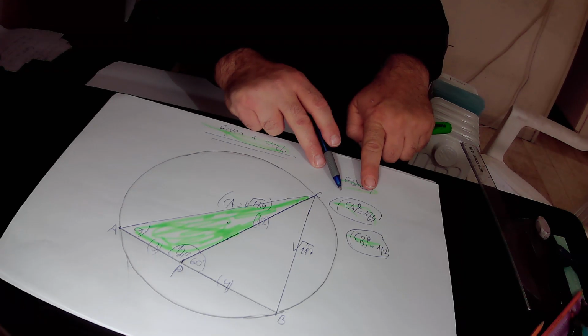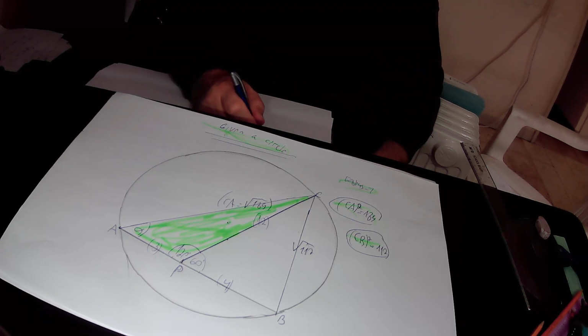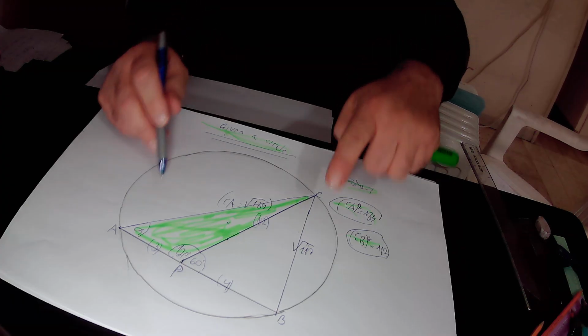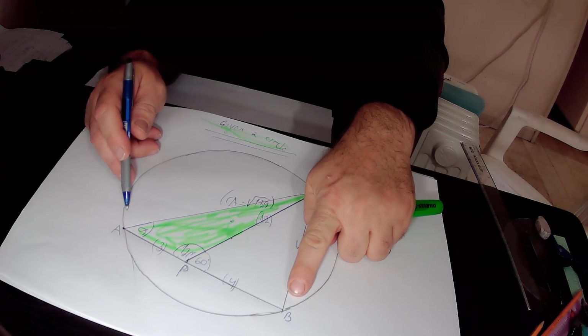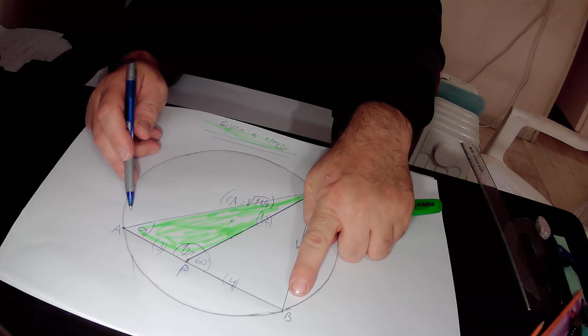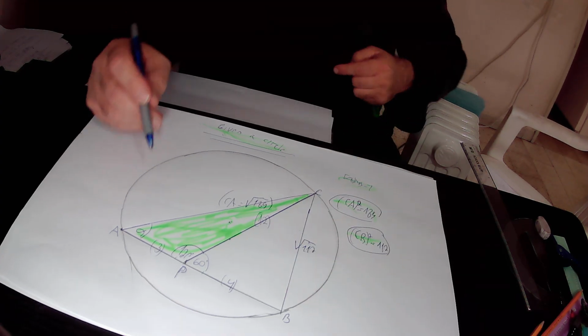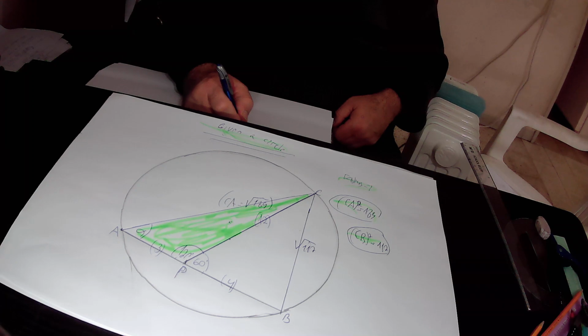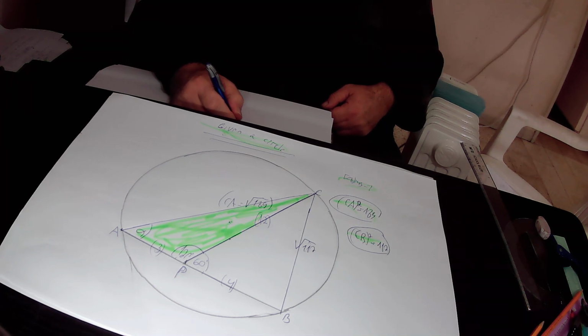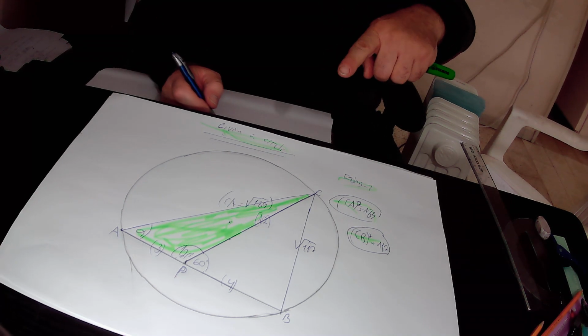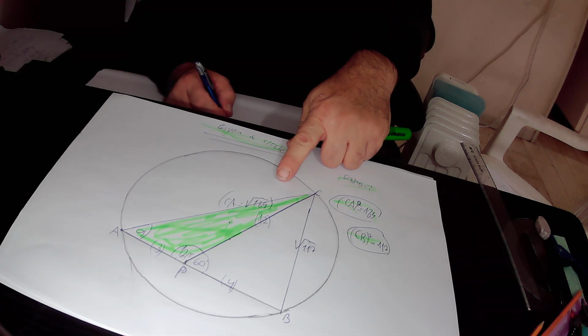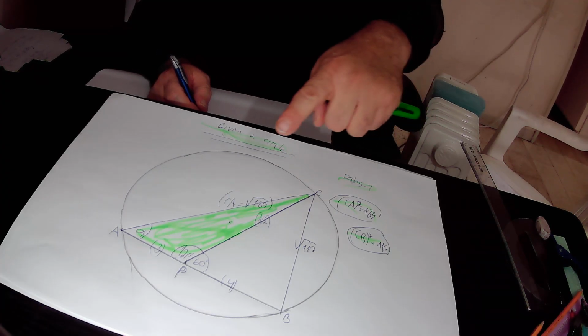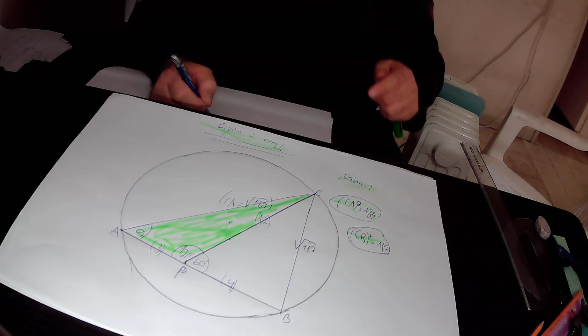CA squared equals 189, plus AB squared. AB in total equals AP, that is 3, plus PB, that is 4. So AB equals 7, therefore AB squared is 7 squared, that is 49. Minus 2 times CA, which is square root of 189, times AB, that is 7, times cosine alpha.